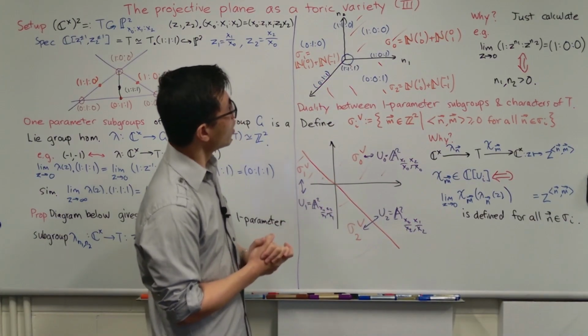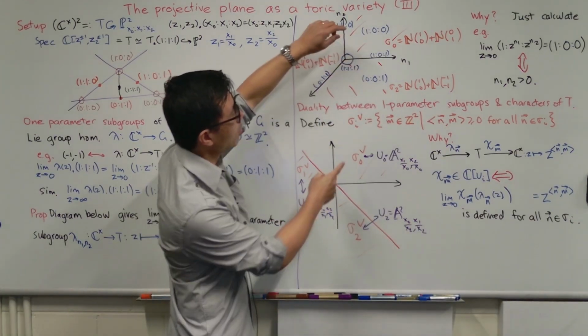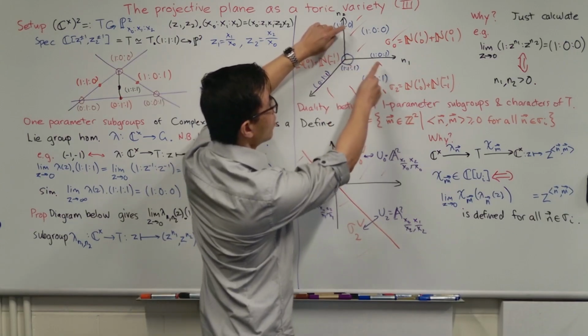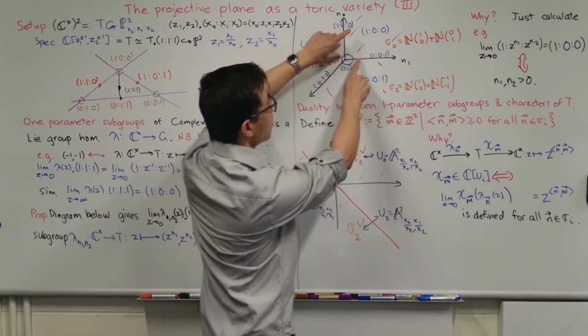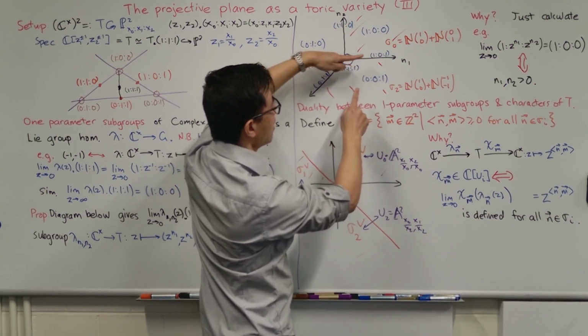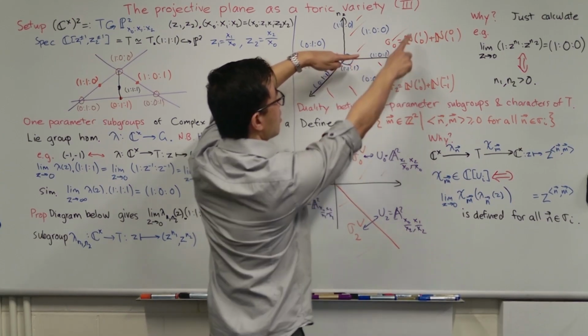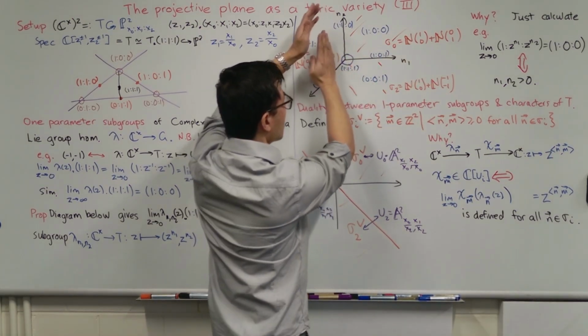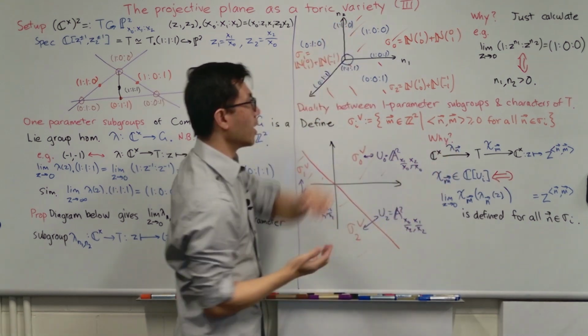One easy way to see this is that if you want to dot with anything here and be non-negative, you have to be able to dot with the standard basis vector 1, 0 and be non-negative. So you have to be on this part of the half plane.